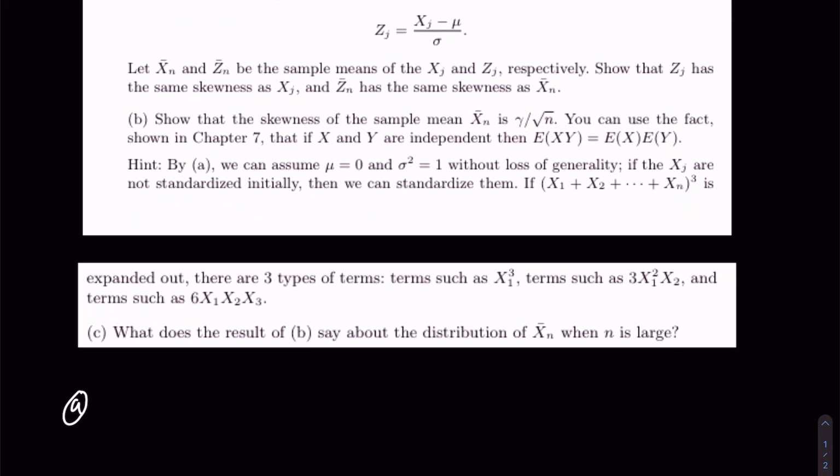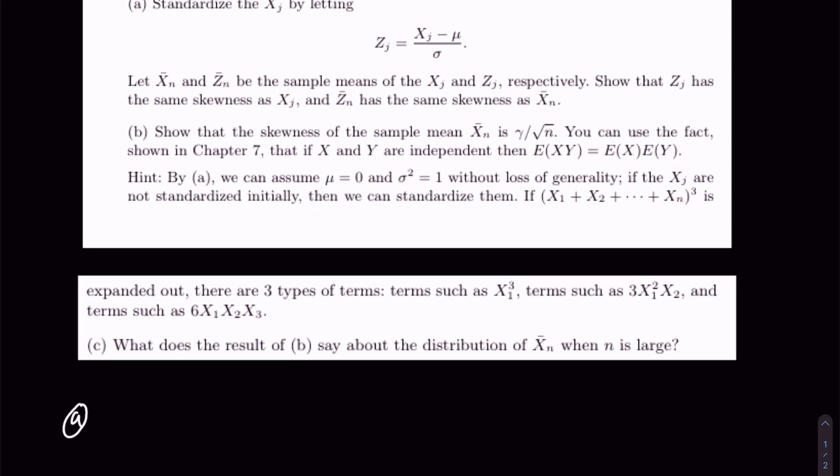Okay, so let's start by showing that x and z have the same skewness.